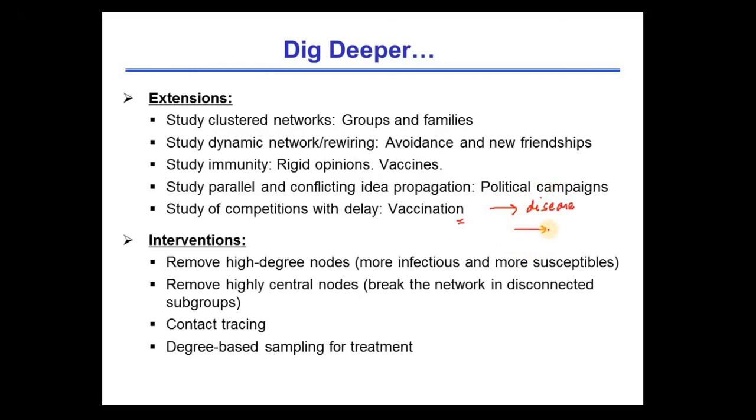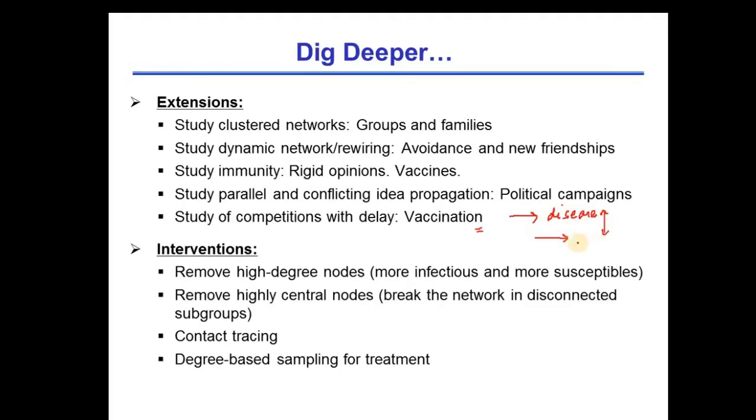Here also people get influenced by their friends or their family members that they will take vaccine or not, and these two dynamics are coupled with each other, right? So you can basically address these research level problems if you just learn how to simulate networks.